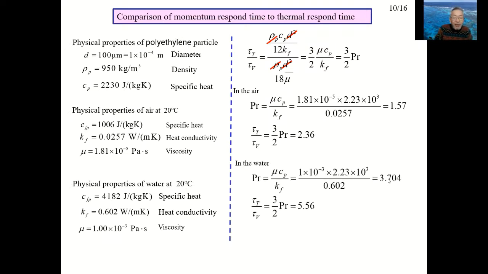The Prandtl number in the water is 3.704. So tau t over tau v is equal to 5.56. That is, thermal response time is 5.56 times the momentum response time.